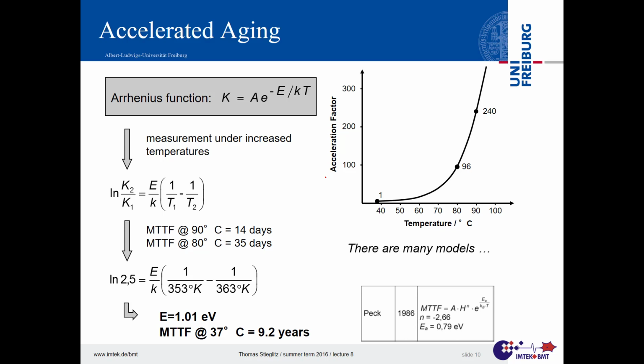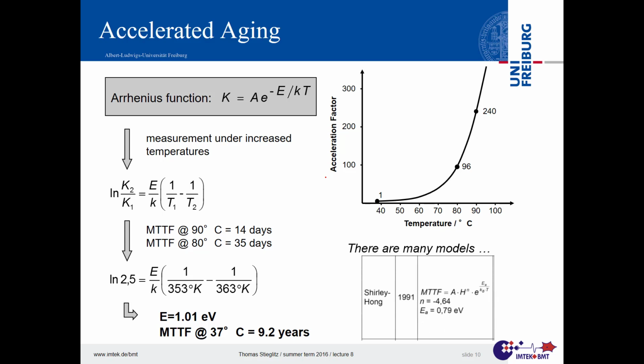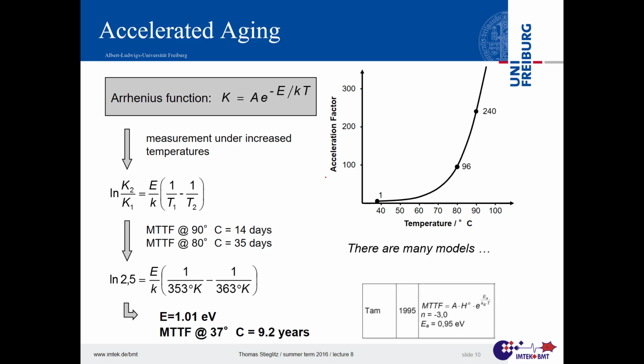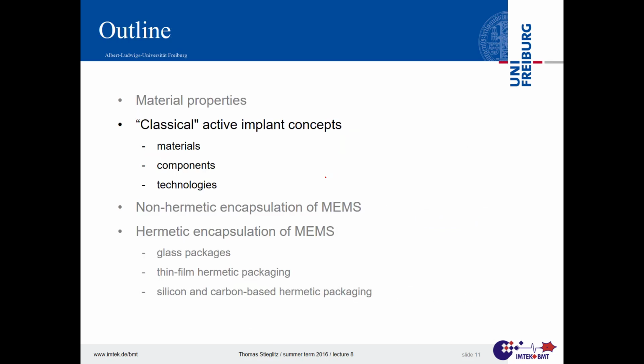And the models, there are plenty of models from different persons over the years who said, well, we should slightly modify the factor or put another exponent somewhere, or consider something in a different manner, or take a certain activation energy, or whatever. Take-home message is it's really difficult.